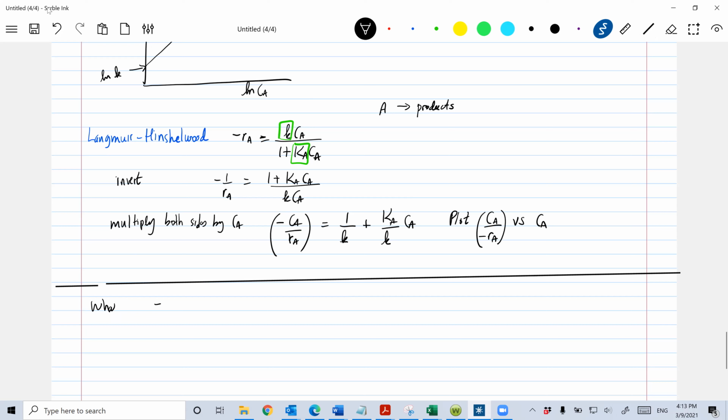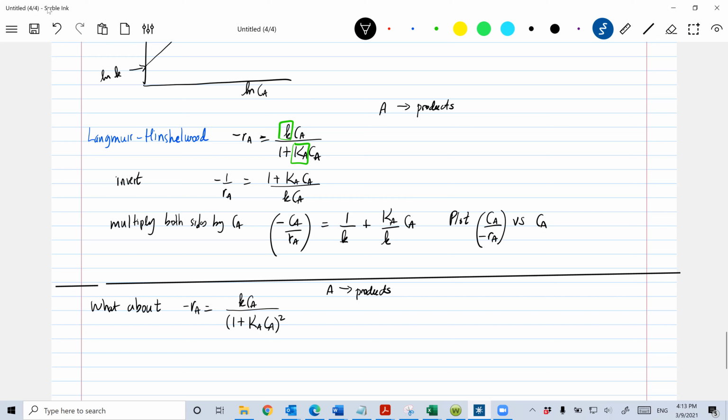So this is an exercise in the book, but it's going to be important for you to know. So what about if minus RA is K CA over, like this? And this reaction is, again, A goes to products.